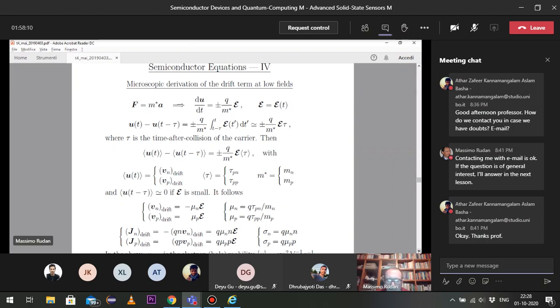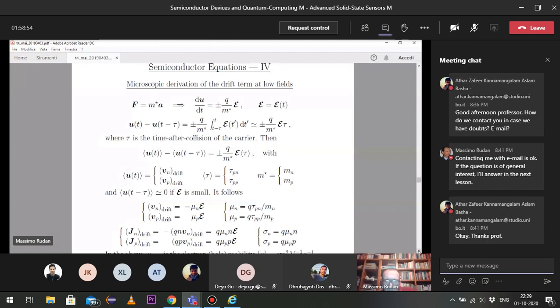Eventually, what you obtain is that Vn or Vp is proportional to the electric field, and the proportionality, using the symbols that we have introduced above, is that for the electrons you have a minus sign, so the average velocity is proportional to the electric field with a minus, and the constant is q tau Pn over Mn.